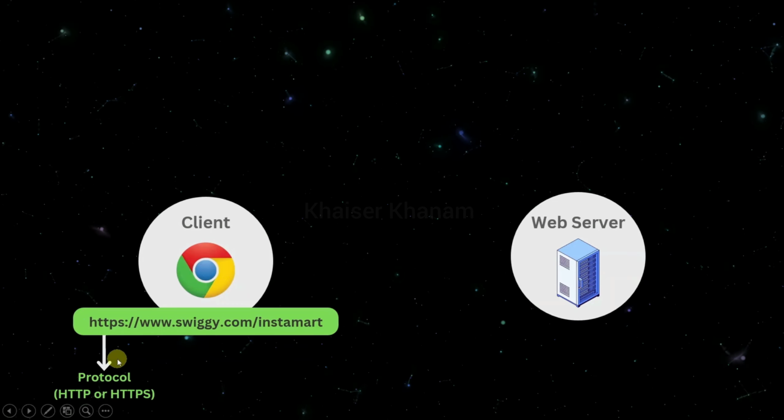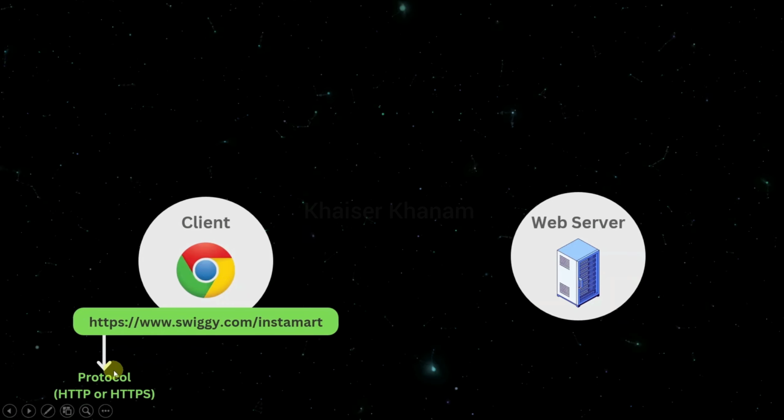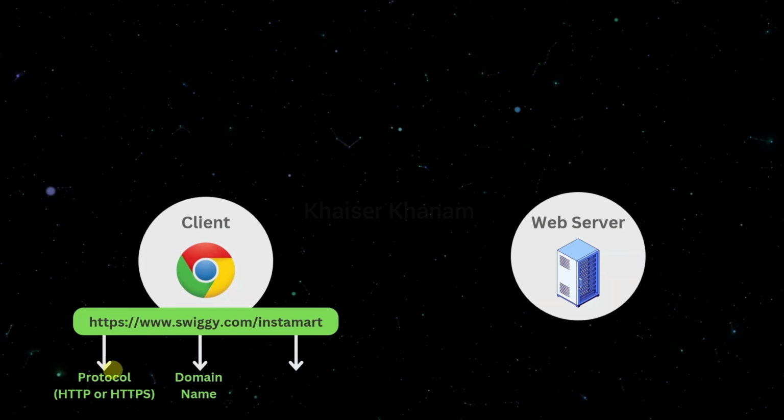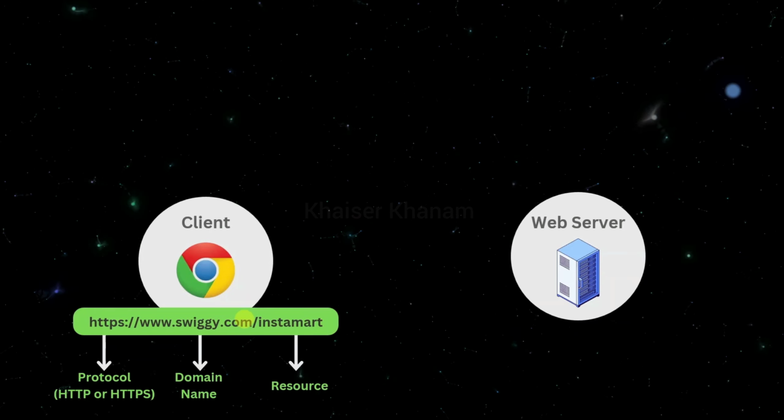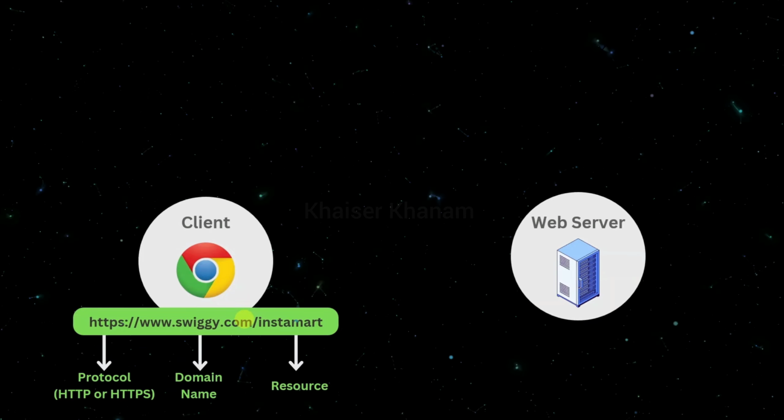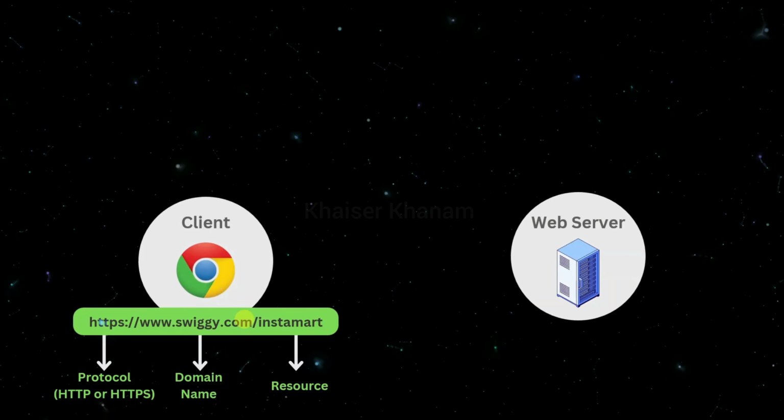So in this URL, first we are going to have the protocol. Second, we will be having the domain name. And finally, third, we are going to have this resource. And from this URL, what I am trying to access? I am trying to access this resource Instamart.